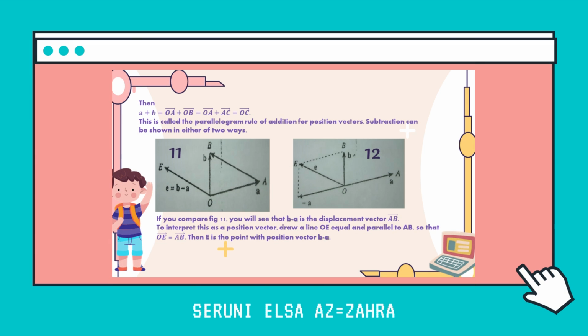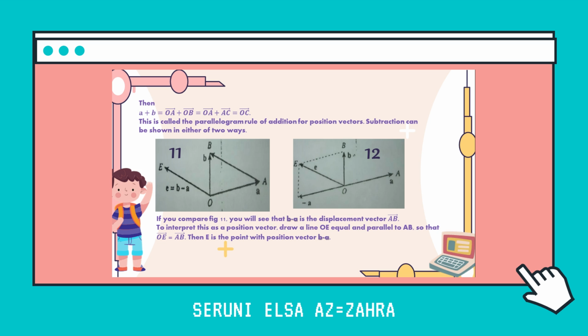Then a plus b equals vector OA plus vector OB equals vector OA plus vector AC equals vector OC. This is called the parallelogram rule of addition for position vectors.